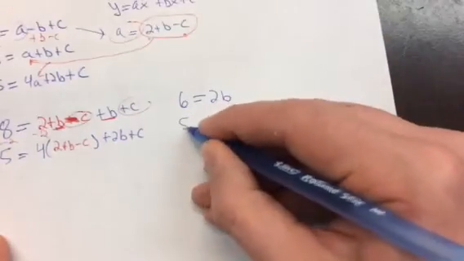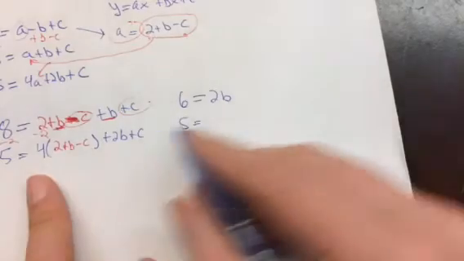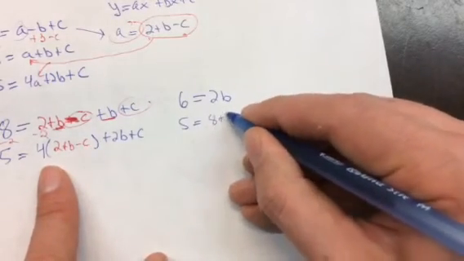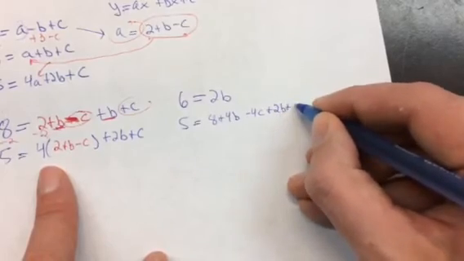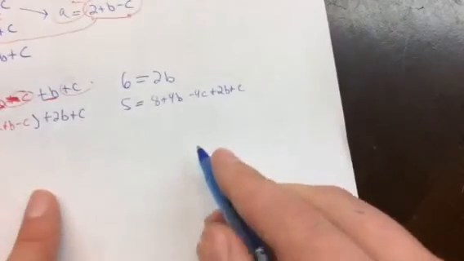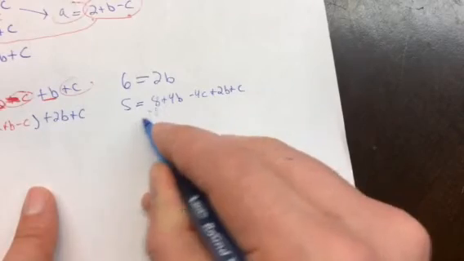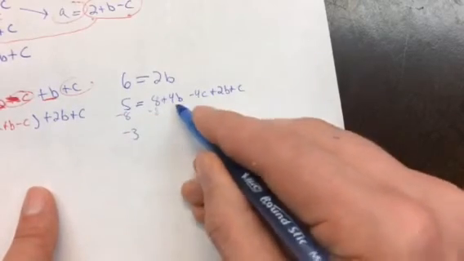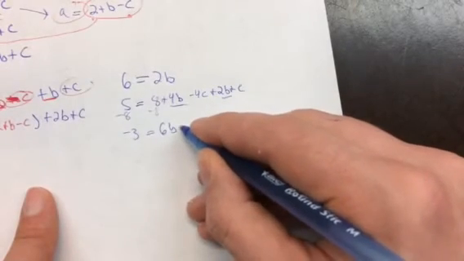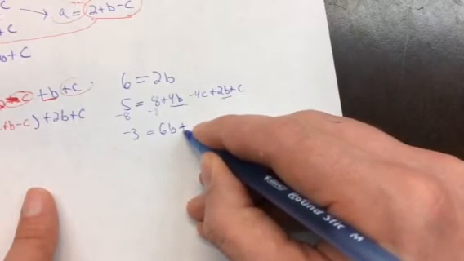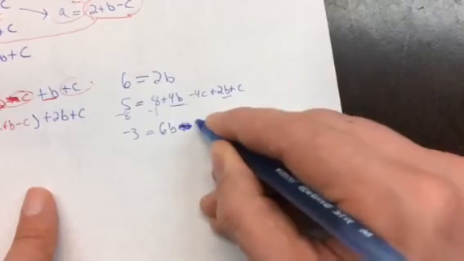Here we get 5 equals, I guess I'm going to need to distribute here, 8 plus 4b minus 4c plus 2b plus c. This can still be simplified more by combining like terms. I'm going to subtract the 8. I'm going to put the b's together, and the c's can also be combined, minus 3c.